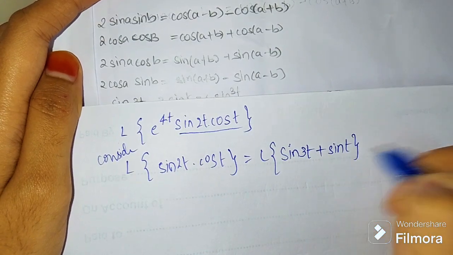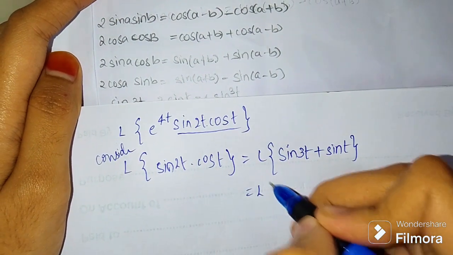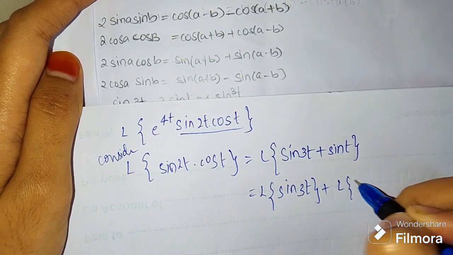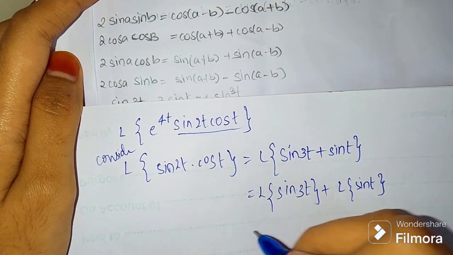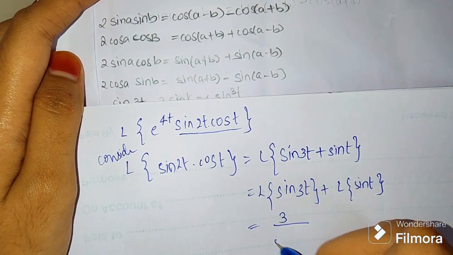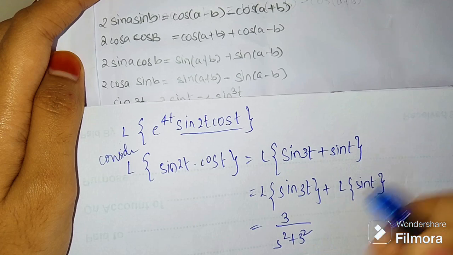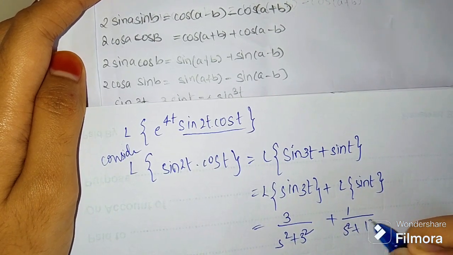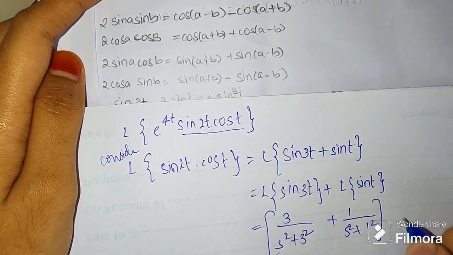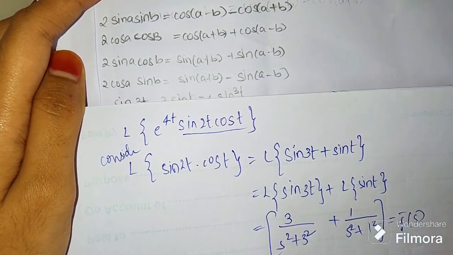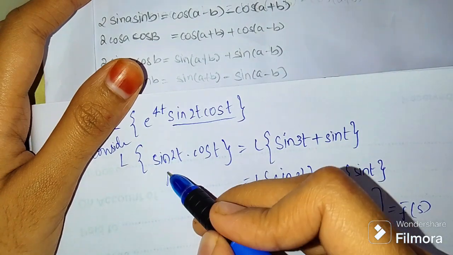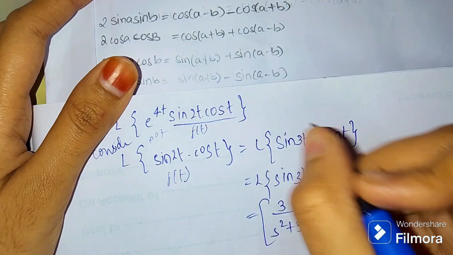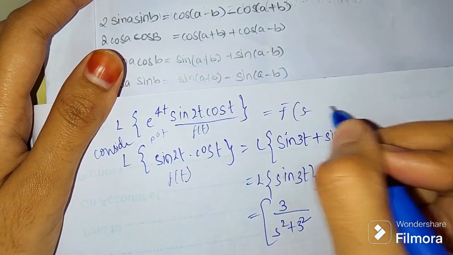So Laplace of, by linear property, is 3 by s square plus 3 square plus 1 by s square plus 1 square. So this is your f bar of s. Now this is my f of t, so e power at f of t has answer f bar of s minus a, which is s minus 4.